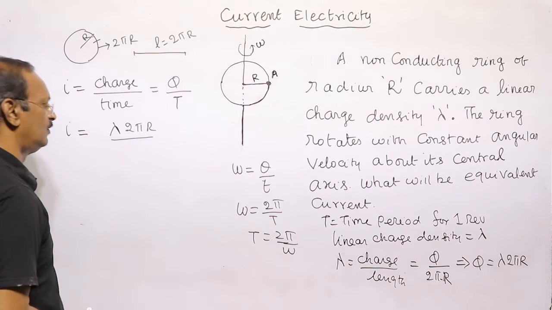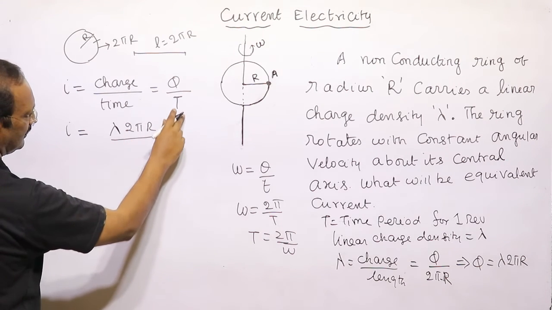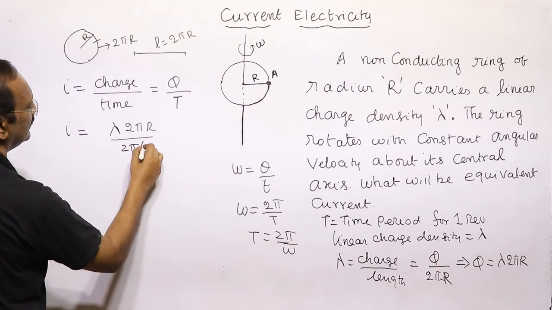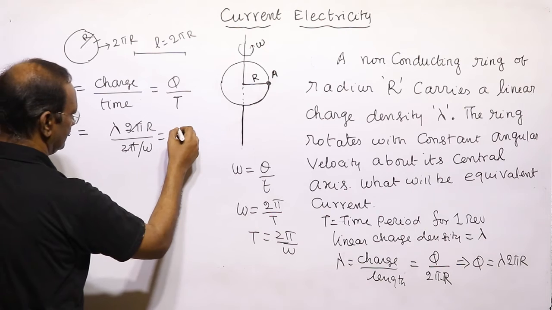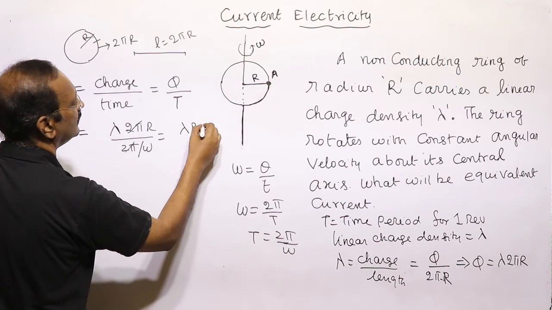This we have seen in rotational dynamics. Replacing T by 2 pi divided by omega, the 2 pi and 2 pi get cancelled, so the current is equal to lambda r into omega.